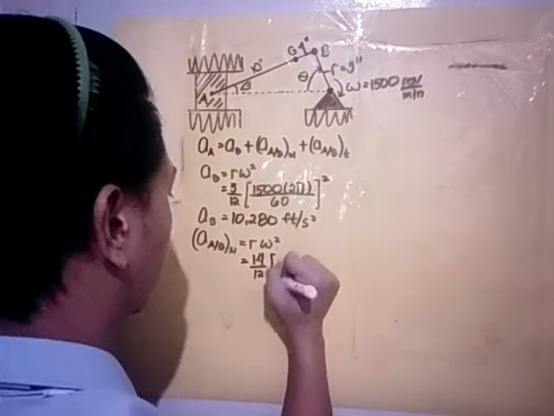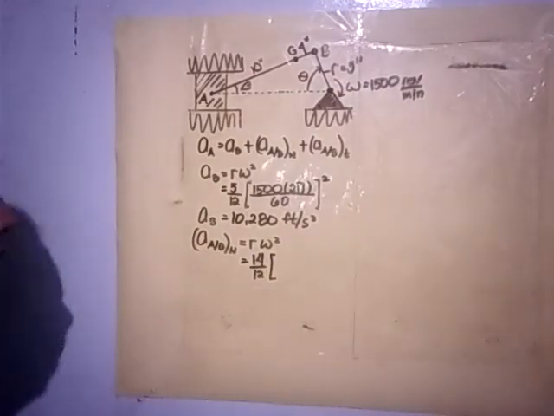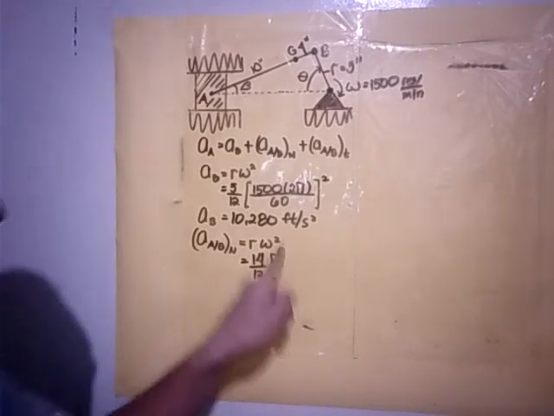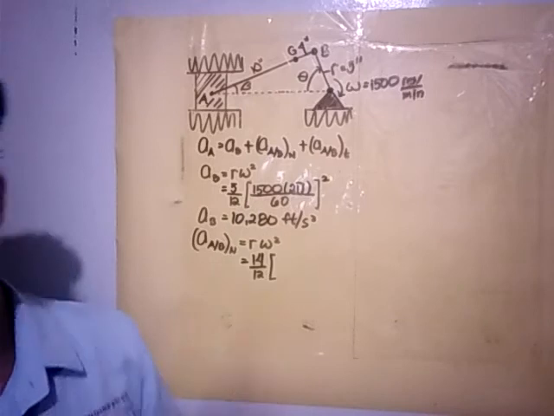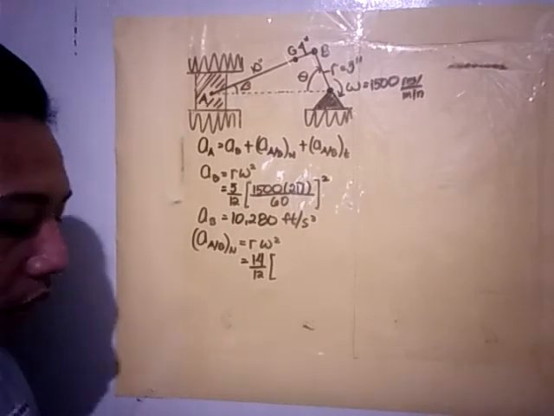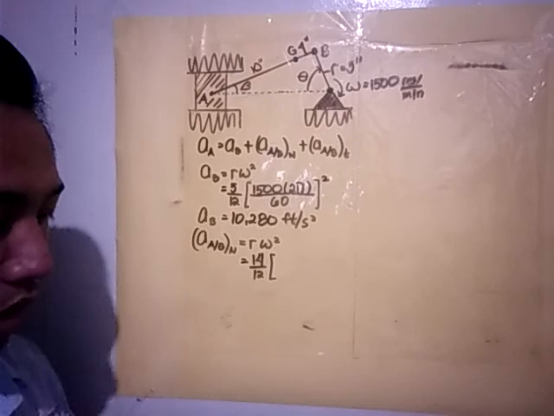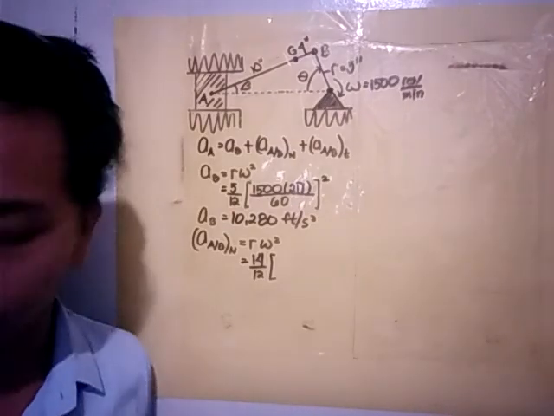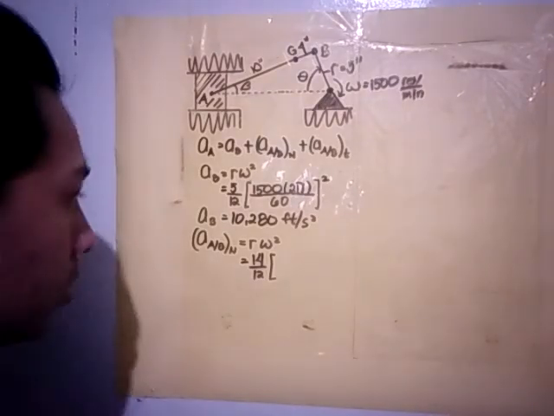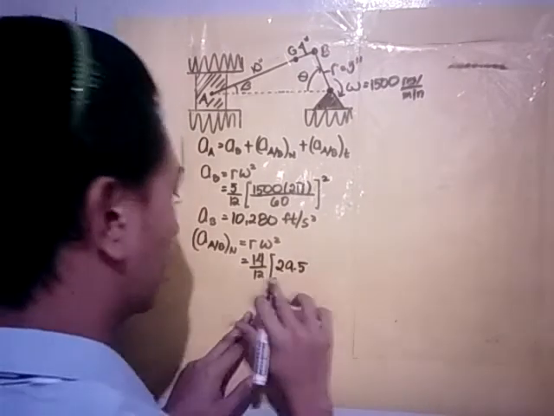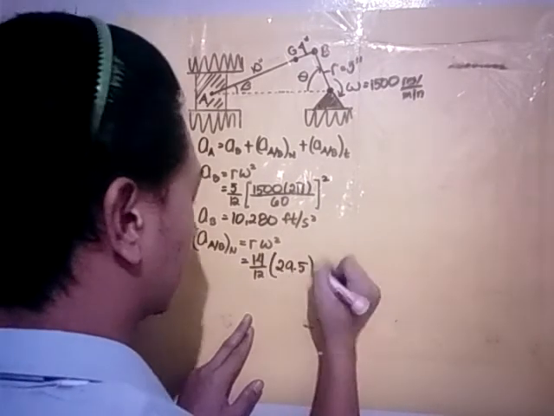Then multiply by our angular velocity, which here is not the 1500. As said in the problem, the angular velocity of AB is 29.5 rad per second, already in rad per second.